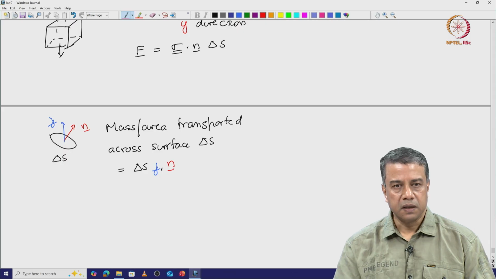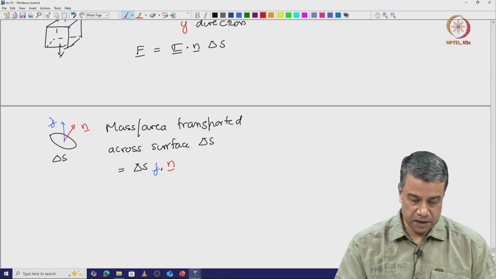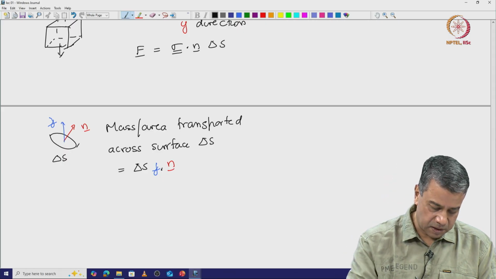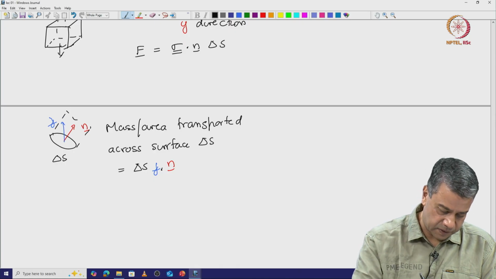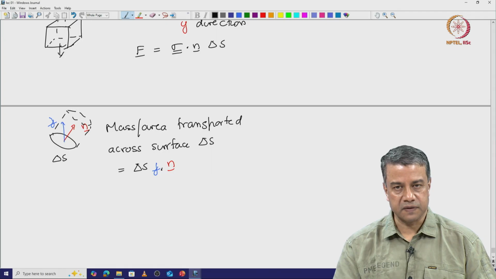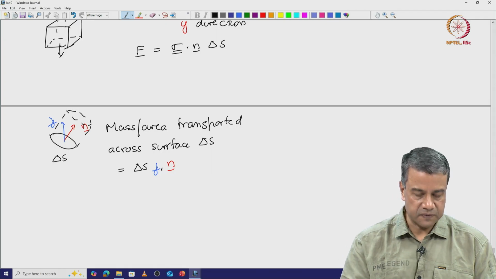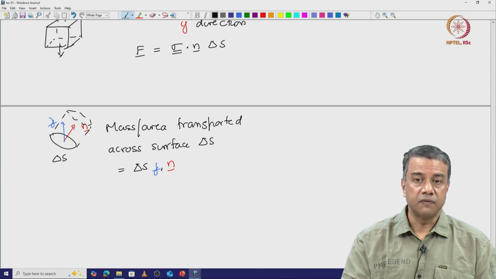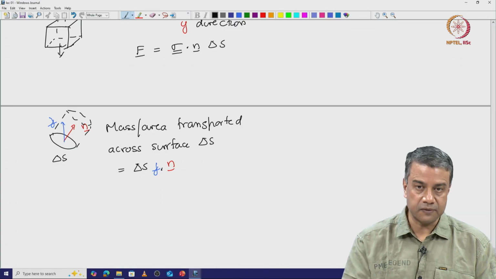This flux tends to increase the concentration in the volume above the surface, because in this case the mass flux is defined as positive for a volume if it is increasing the concentration or the mass within that volume.